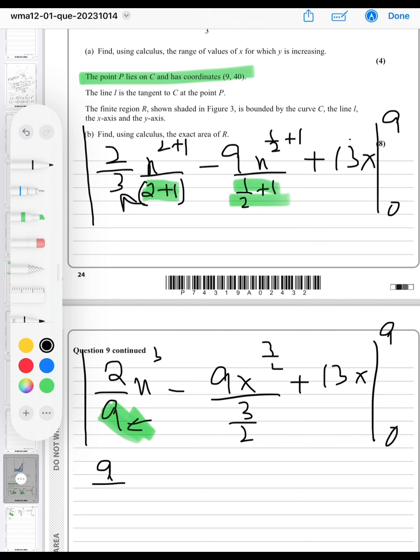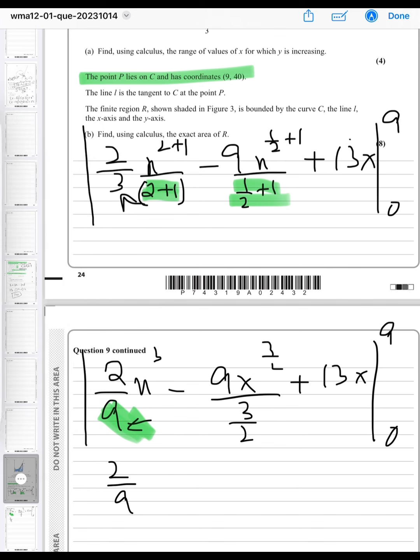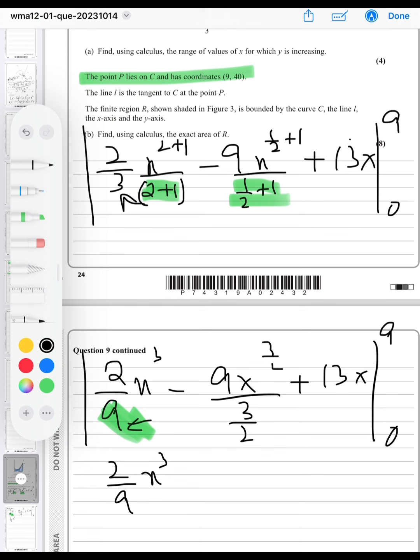So this will then be 2/9 x to the power of 3. This 2 will go up because it's a double fraction, like this is the main fraction, and beneath this one we have 3/2, so this 2 will go upward.